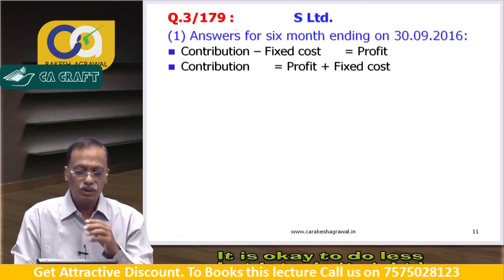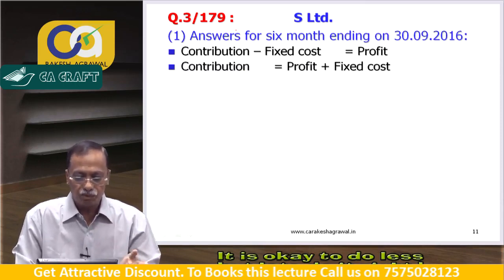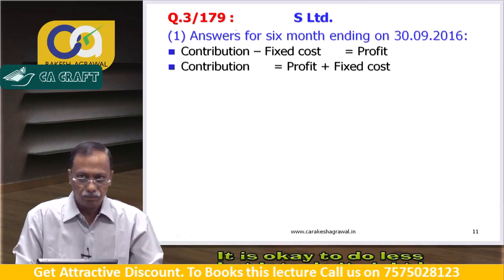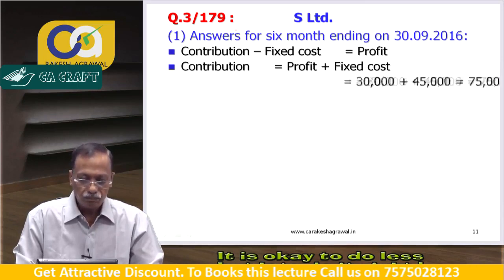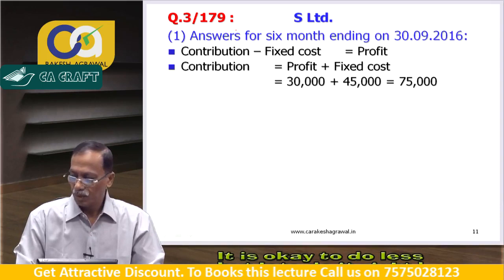Therefore, contribution is equal to profit plus fixed cost, is equal to 30,000 plus 45,000, is equal to 75,000.